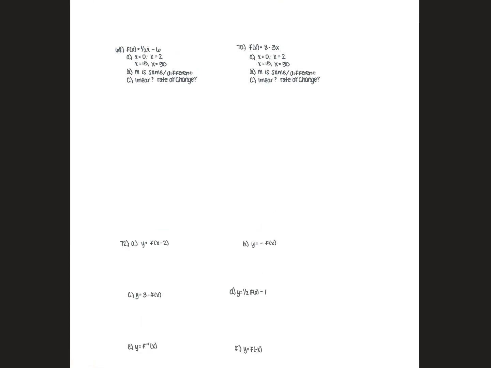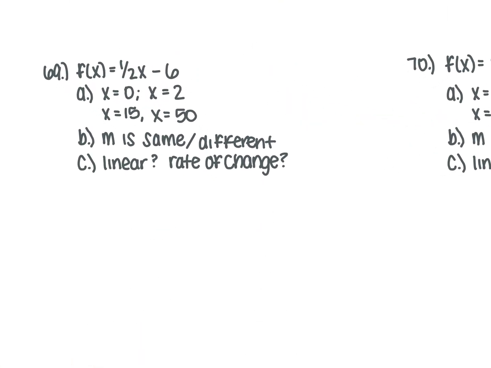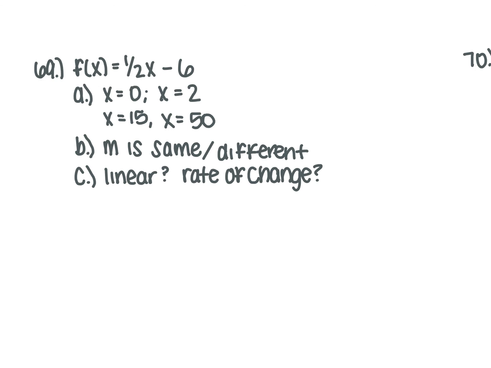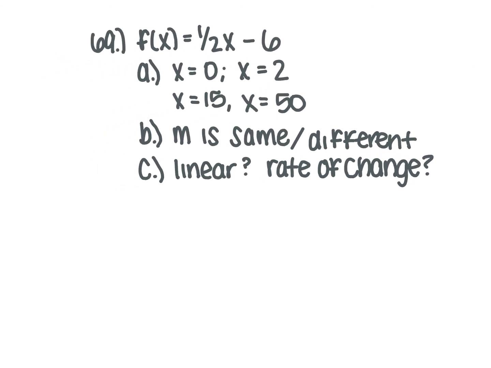We look at 69. Again, you have f of x is equal to 1/2 x minus 6. You're finding f of 0 and f of 2. Then you're also going to find f of 15 and f of 50. For a, x is equal to 0, we're doing f of 0 is equal to 1/2 times 0 minus 6.